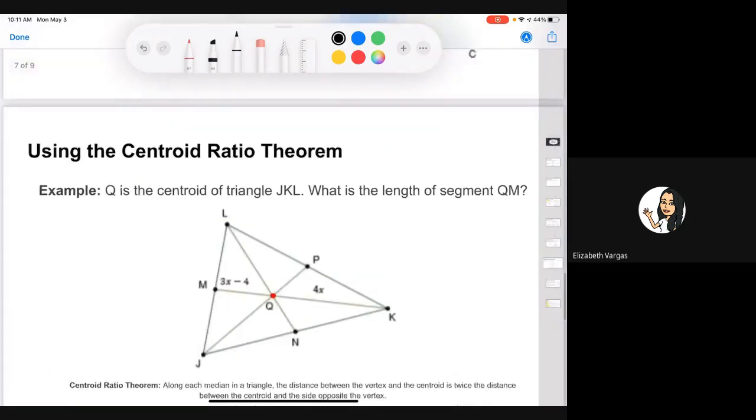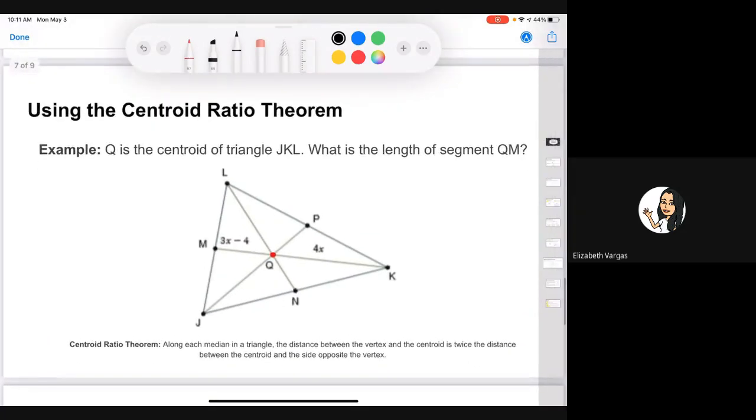Okay. Here is an example of this. It says Q is our centroid. What is the length of line segment QM? Well, here we have QM. And we know that the line segment opposite that is 2 times the distance. So this distance would be 2 times QM.